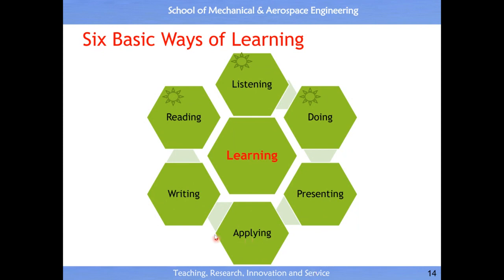So these are the 6 pillars underneath the learning by students. And the good news for this course is you have the opportunity to read, to listen, and also to do practice and projects.